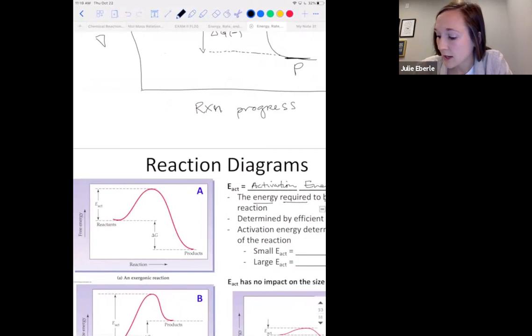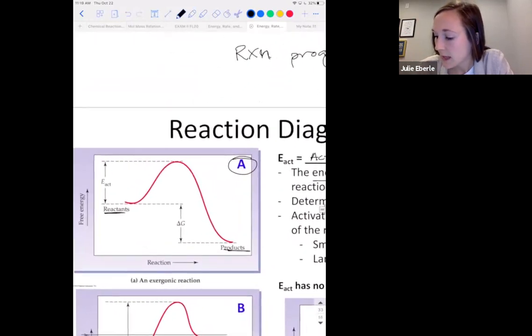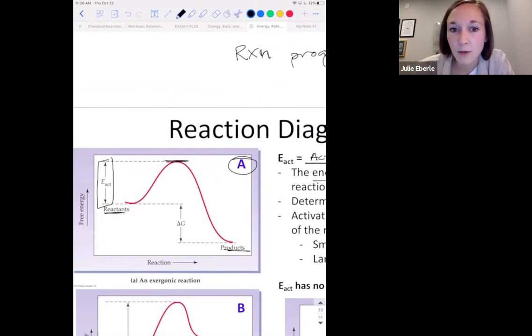And if you're looking at this reaction diagram, A right here, notice we have the level of our reactants marked off and the level of the products, okay? And the activation energy is right here. The activation energy is the level from reactants up to the peak of the reaction pathway.